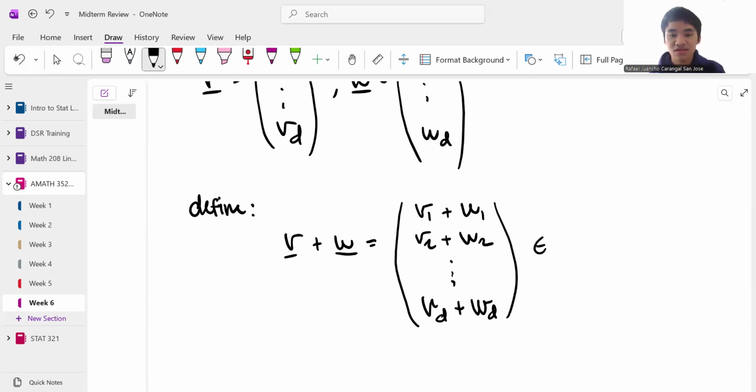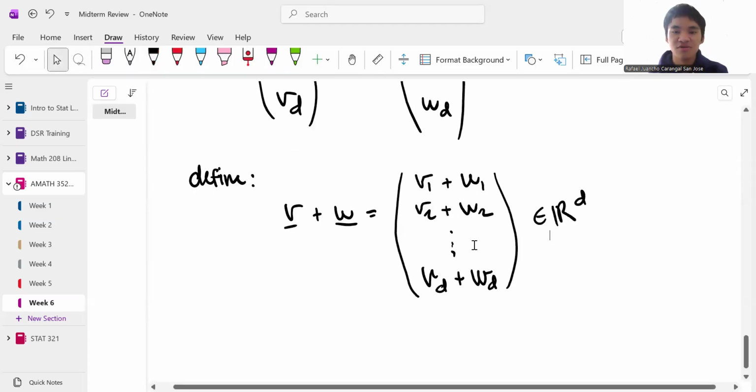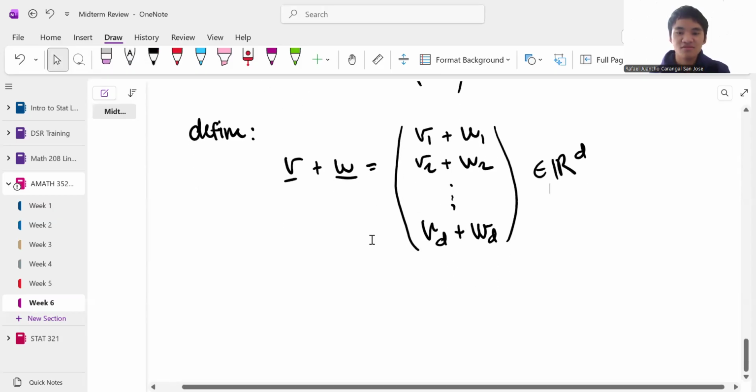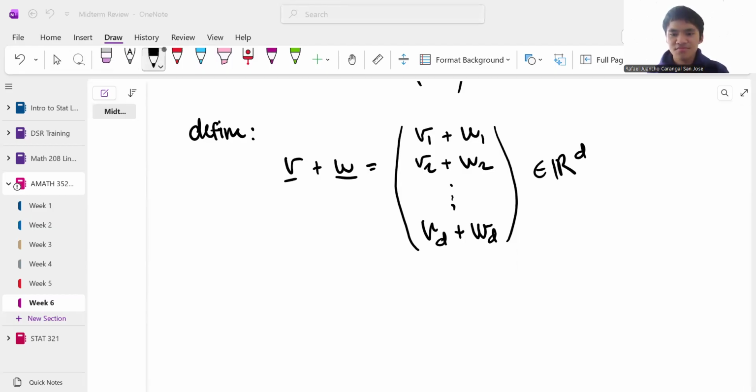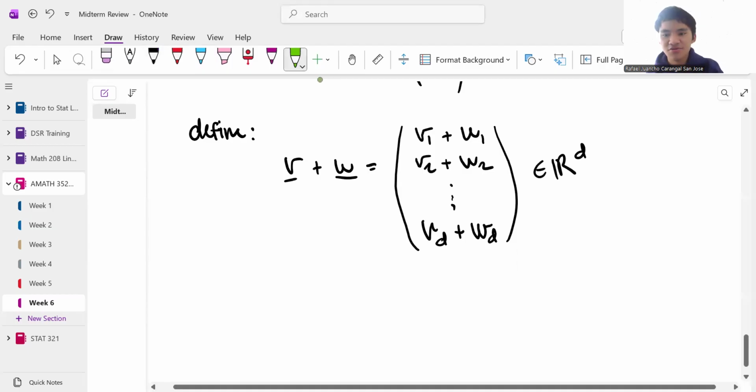And we're going to say that this sum, v plus w, is also in R^D. How do we know? We just added a bunch of numbers together. We didn't change the size of the vector. There's no new number here. It's just d. So, side note, v plus w is also a d-dimensional vector.